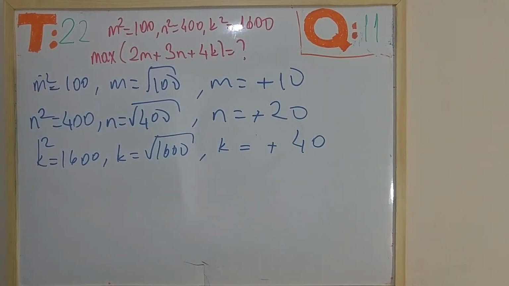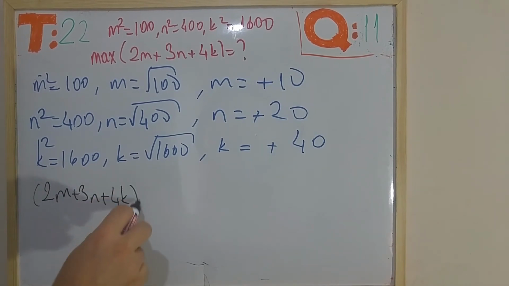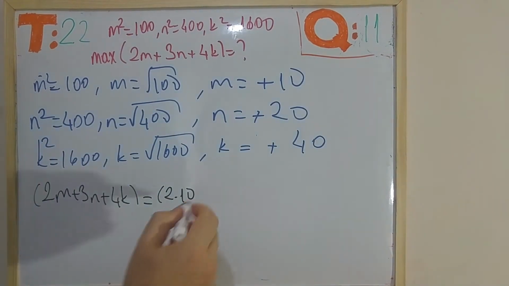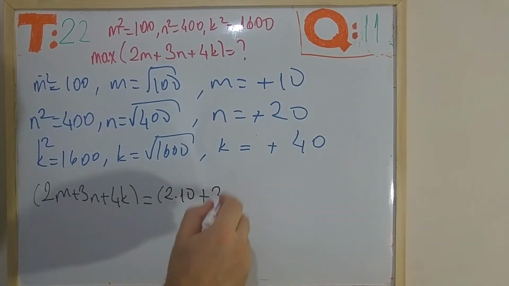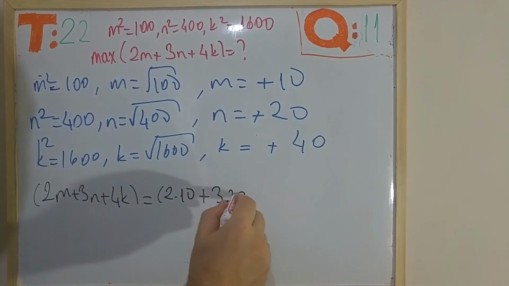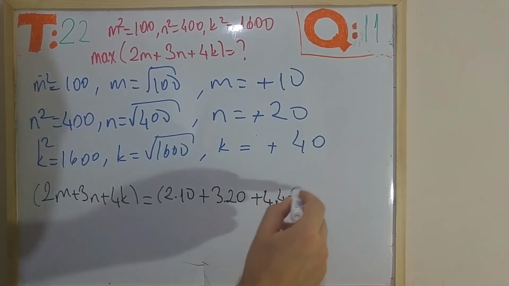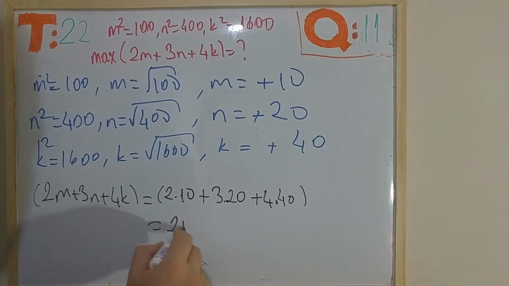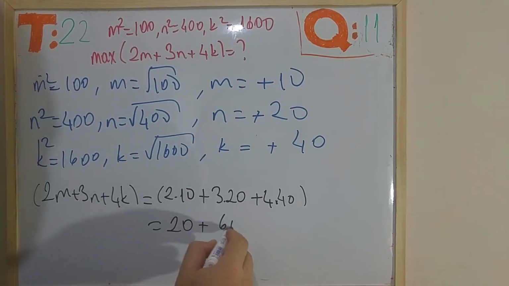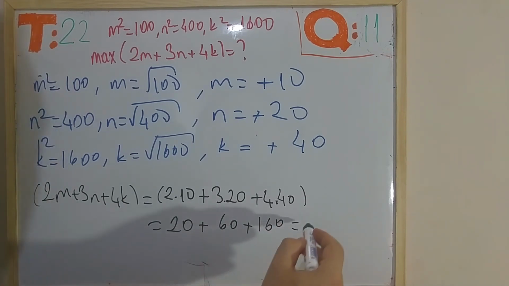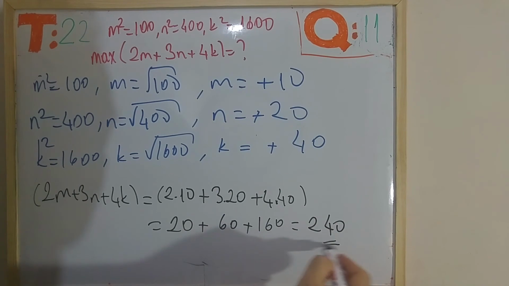Now what I need to calculate is 2m plus 3n plus 4k, which is equal to 2 times 10 plus 3 times 20 plus 4 times 40. And this is 20 plus this is 60 plus this is 160. What I have at the end is 240.